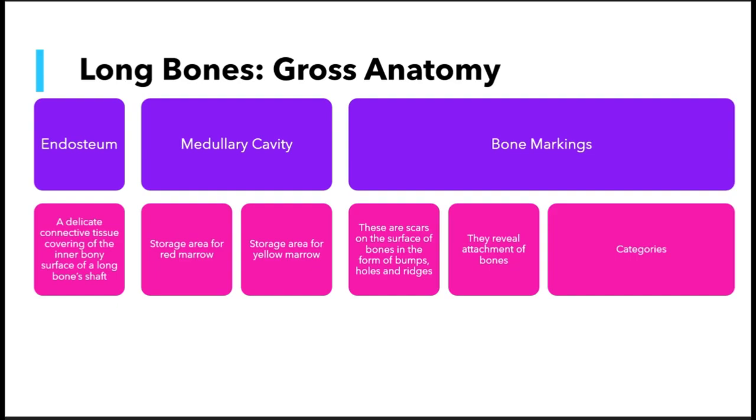For these categories, terms that start with the letter T are usually projections, and terms starting with the letter F are usually depressions, except for the bone marking facets. These bone markings are very important because muscles, tendons, and ligaments are attached to them, and blood vessels and nerves pass through them.